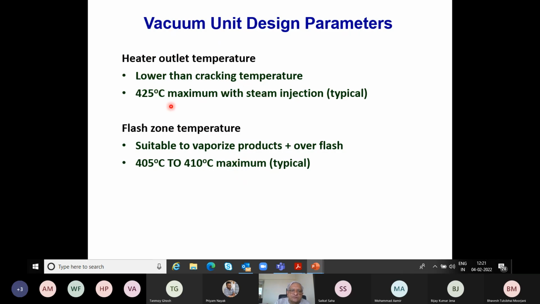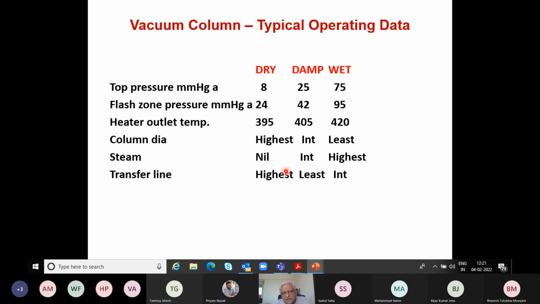This is just to give you the heater outlet temperatures here. They're slightly higher, but basically we put it along with the steam. And the flash zone temperature depends upon the feed inlet temperature, but also takes into account the overflash or the wash oil. These are the different pressures that we operate.